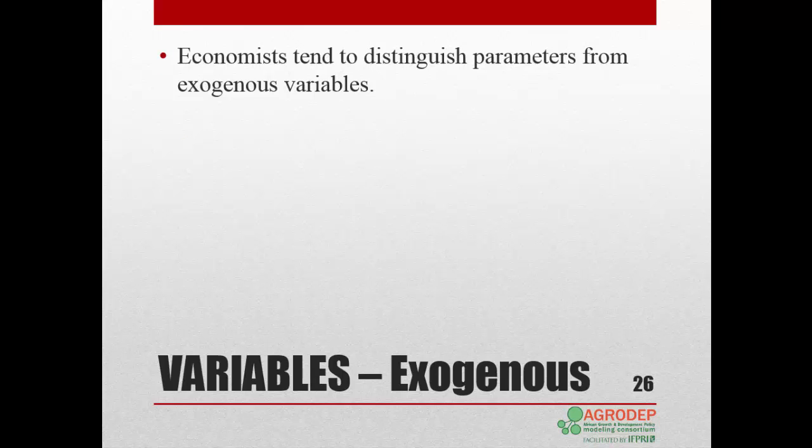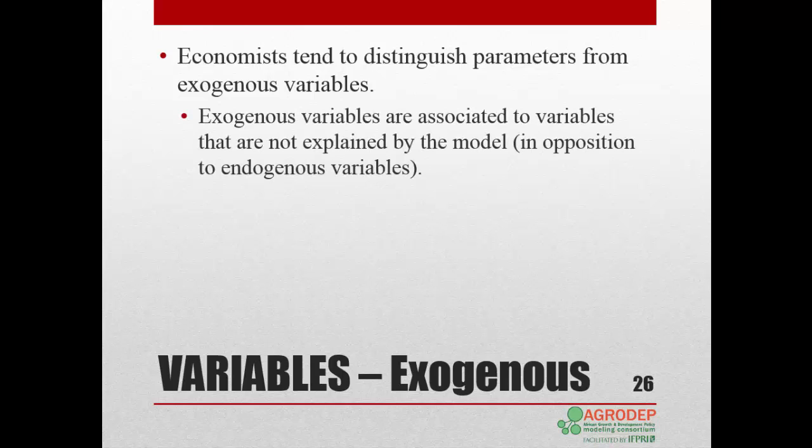At this time, we would like to point out the difference between how economists and GAMS view exogenous variables. Economists tend to distinguish parameters from exogenous variables. Exogenous variables are usually associated with variables that are not explained by the model, in contrast with endogenous variables that are determined by the model.